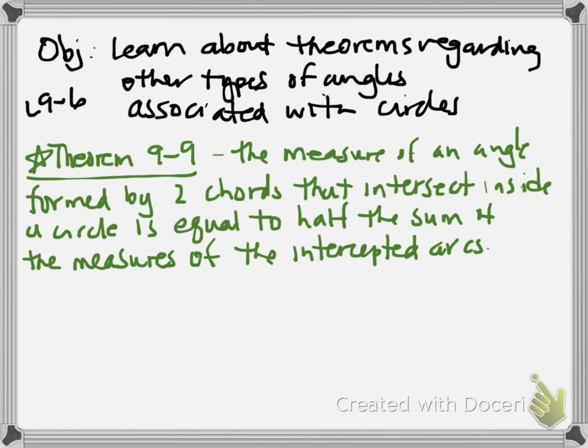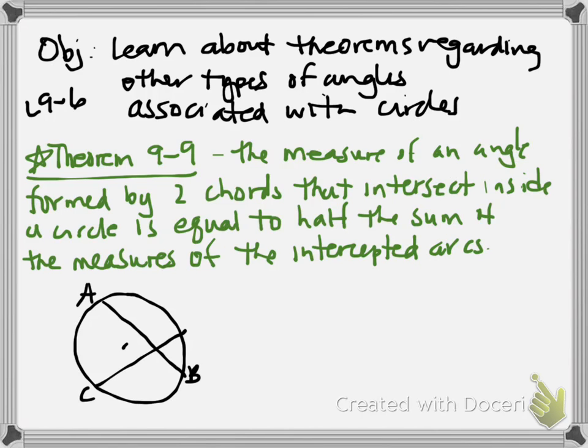So we need a picture of this, because wow, that's kind of crazy sounding. So here's my circle, and what it's talking about is you have two chords. We'll call that chord AB, and we'll call this chord CD. Okay.